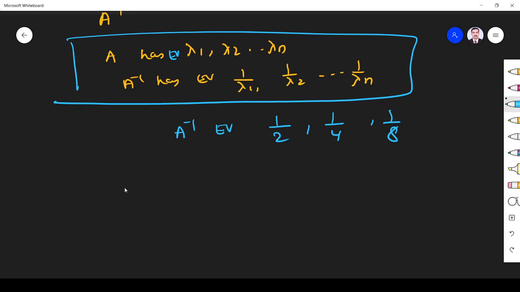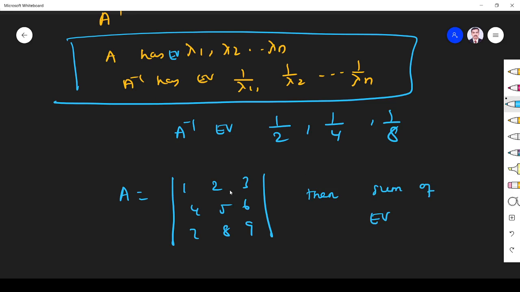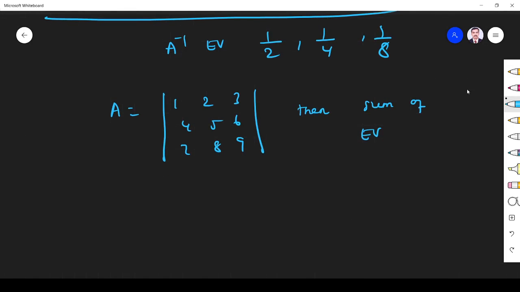Next, suppose A is given like this: 1, 2, 3, 4, 5, 6, 7, 8, 9. What is the question they ask? The sum of eigenvalues. You don't need to find the eigenvalues and sum them up. What is the property we have?